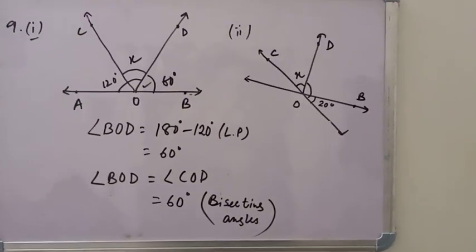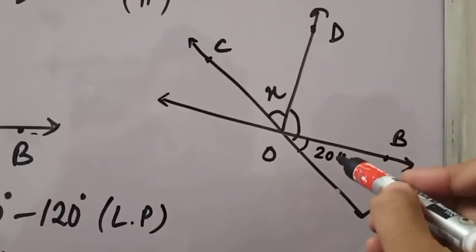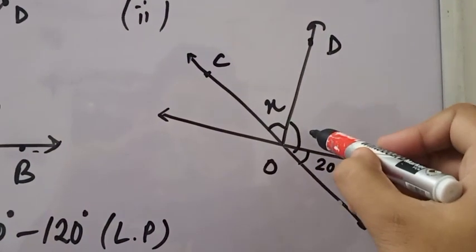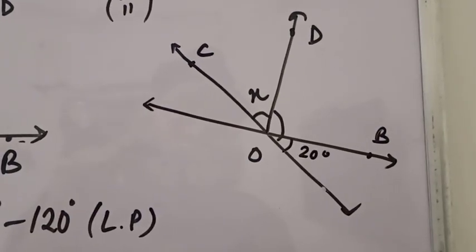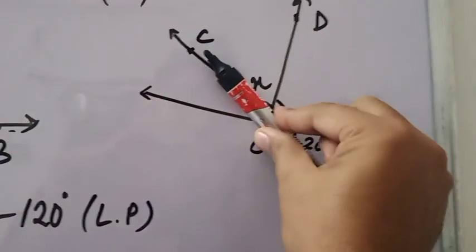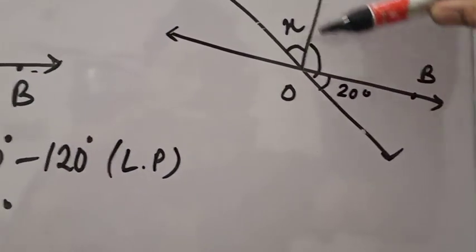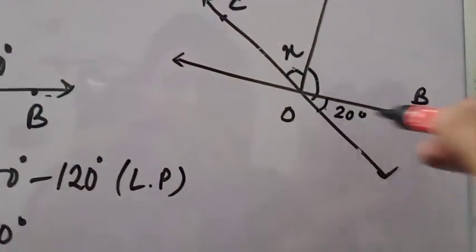Now the last one, see that in the given figure, this is 20 degree given and you have to find this angle. See properly, this is the line and on this side is the linear pair. That means these 3 angles add up to 180.